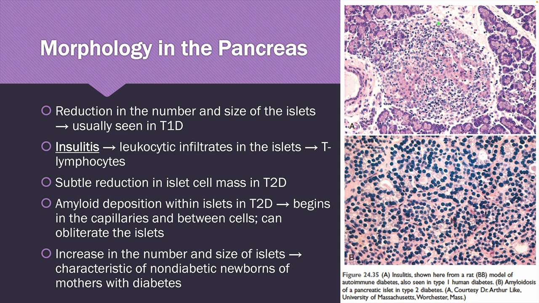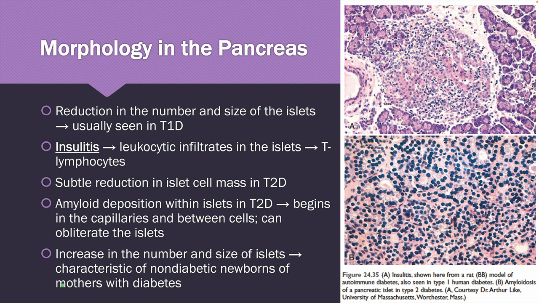We'll see that later. And for those non-diabetic newborns of mothers with diabetes, you will be able to see an increased number and size of the islets as compensation for the hyperglycemia.